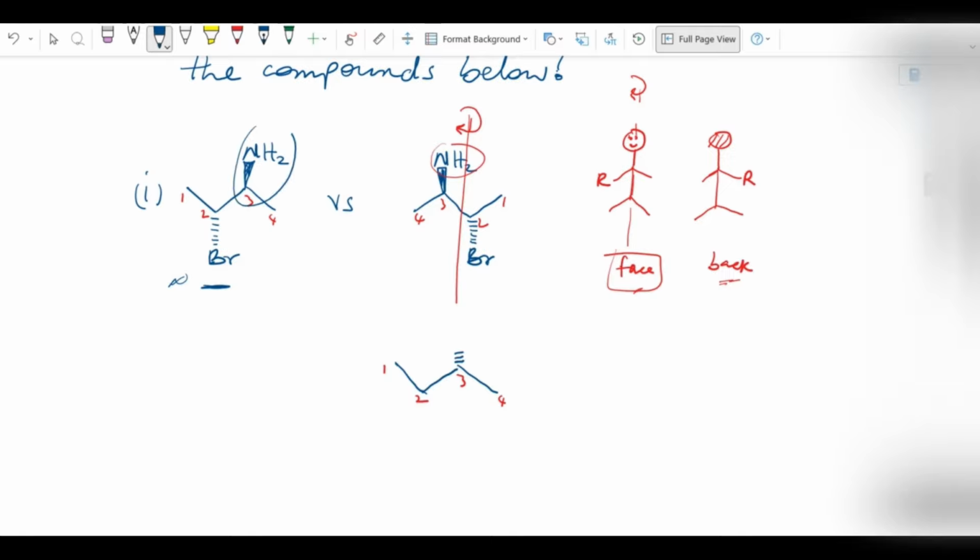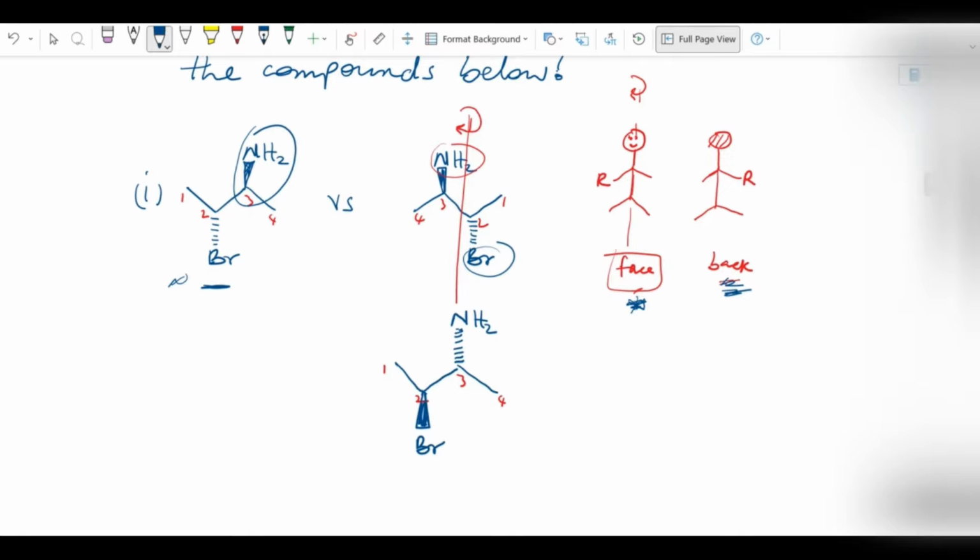But because the NH2 here is on a wedge bond, when we flip it, it will now be on a dash bond. The bromo group is on carbon 2. Because the bromo group here is on a dash bond, it will now become a wedge here.